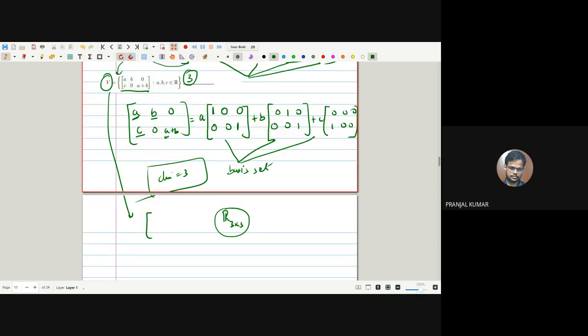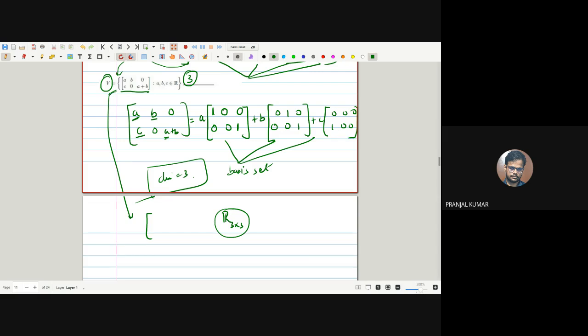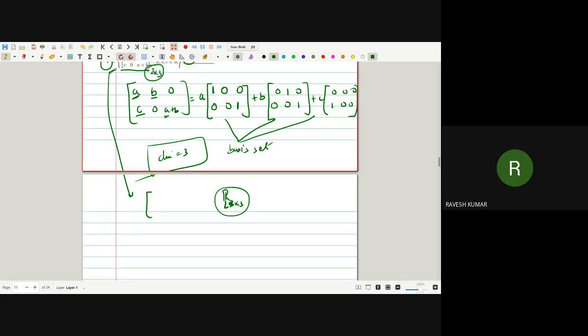This is a subspace of R 3 cross 3, that is, a subset of 3 cross 3 matrices. Yes or no? Sorry, 2 cross 3 matrices. It is a subset of 2 cross 3 matrices. Yes or no? Yes, sir. So the dimension of the matrix space of 2 cross 3 matrices is 6.